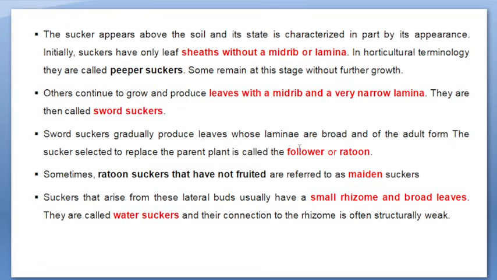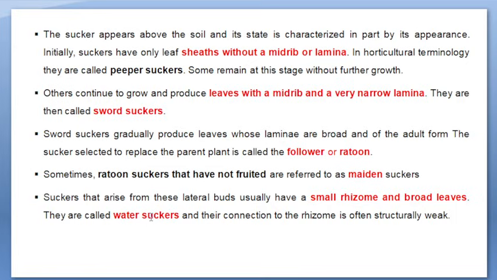This has the ability to replace the original parent. Suppose we use that ratoon sucker and that ratoon does not produce any fruits, that kind of sucker is called a maiden sucker. Then finally water suckers, you know already.